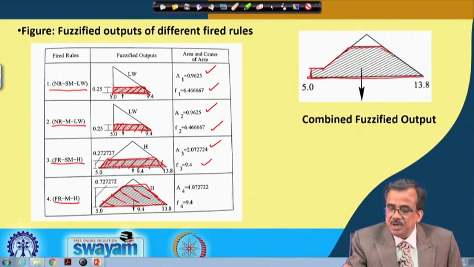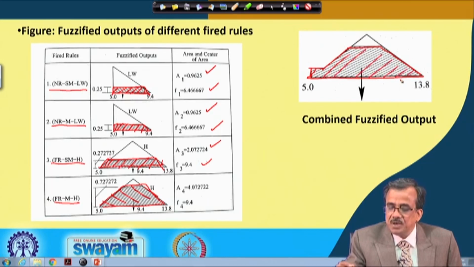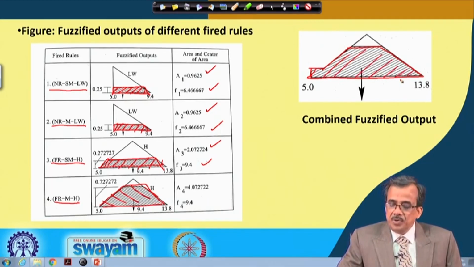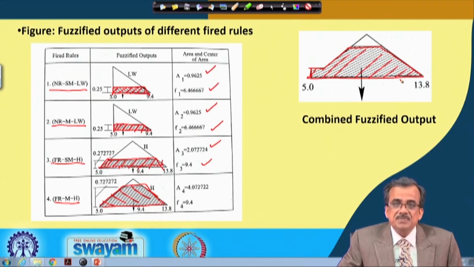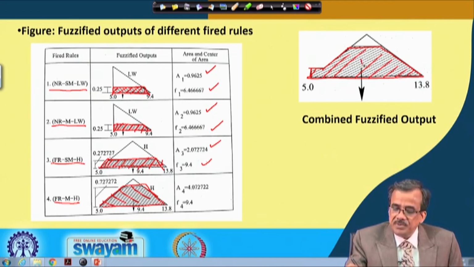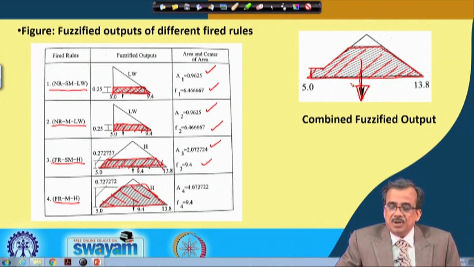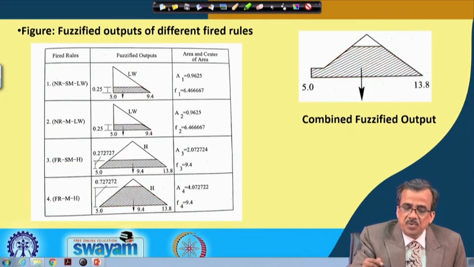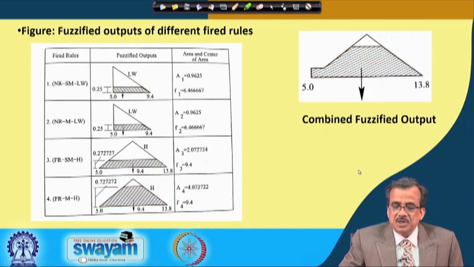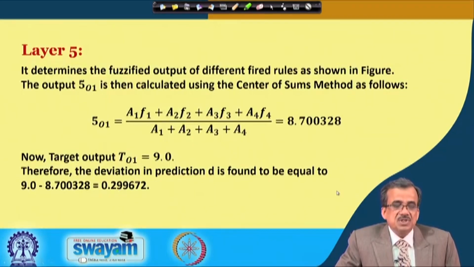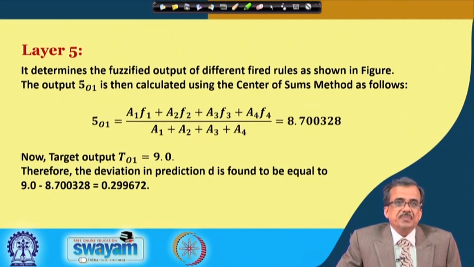Once you have got this combined fuzzified output, we can use the center of sums method for defuzzification, and we can find out this particular crisp output. Now, this is the way we determine the crisp output for a set of input parameters.